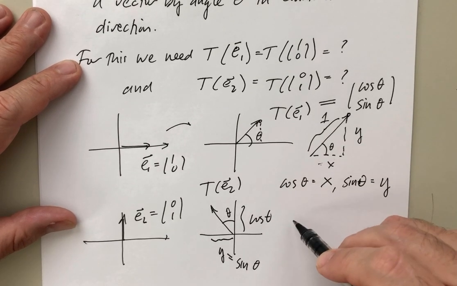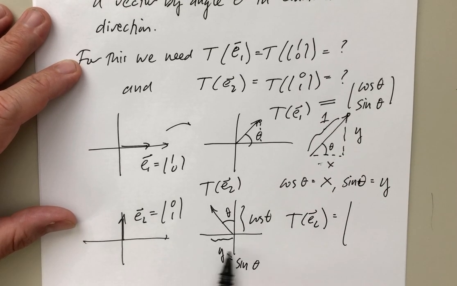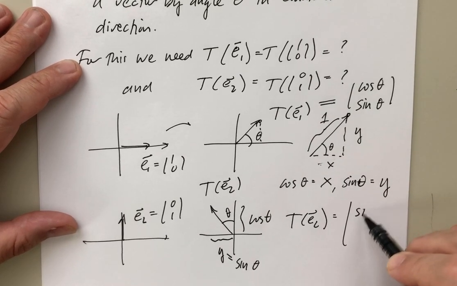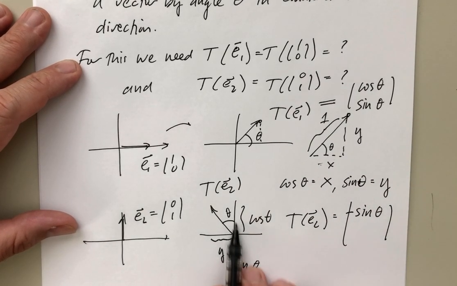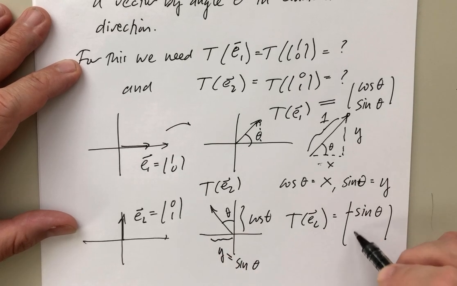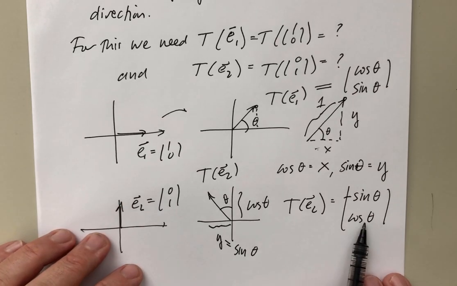So the punchline is that T of E2 is what? Well, the x-coordinate is now sine of theta. Well, be careful, it's not sine of theta because it's in the minus direction. It's actually minus sine theta. And the y-coordinate of this vector is going to be cosine theta. So in the end, we've got T of E2 is this.